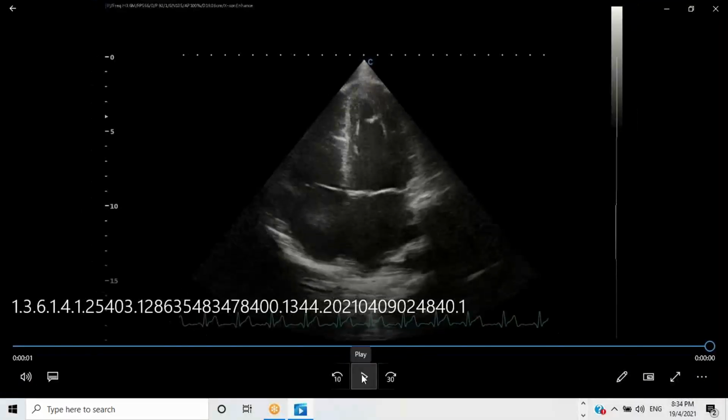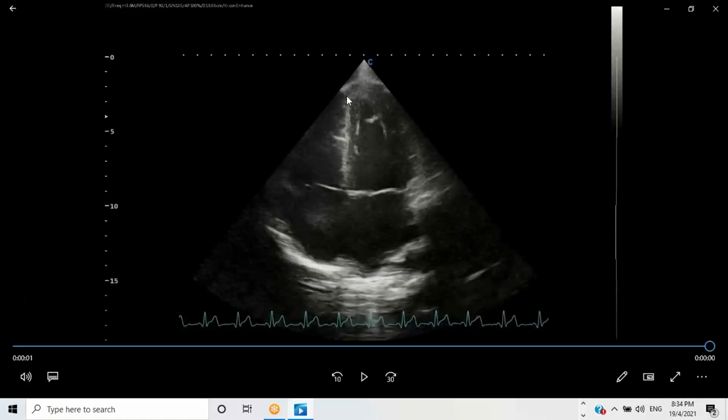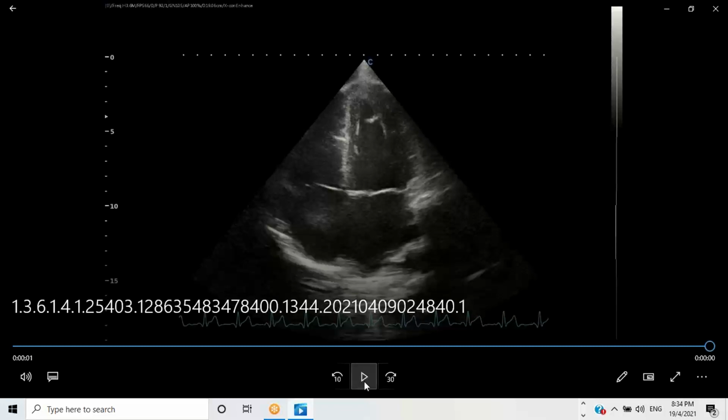So this is our four-chamber view. The transducer is in the mid-clavicular line, fifth intercostal space, and the marker is about the 4 or 5 o'clock position. And you just adjust it. You want to get your heart standing straight up.